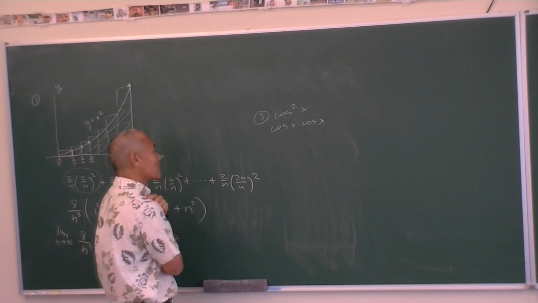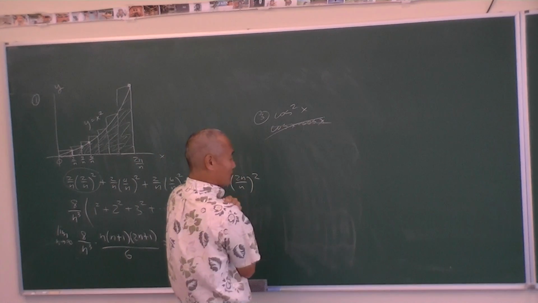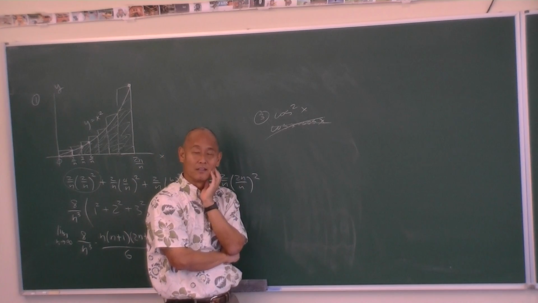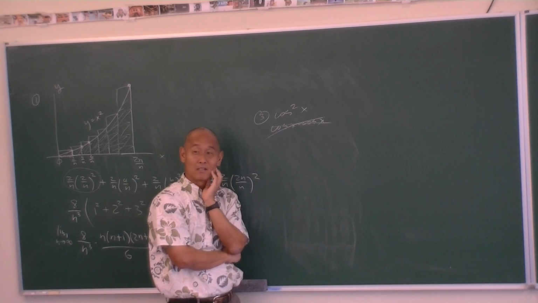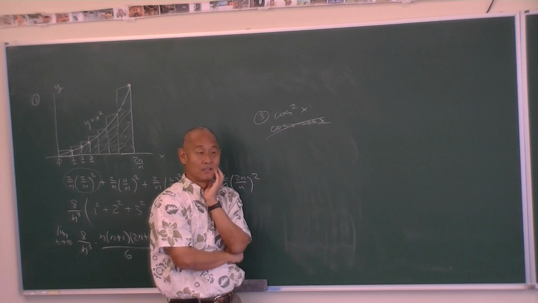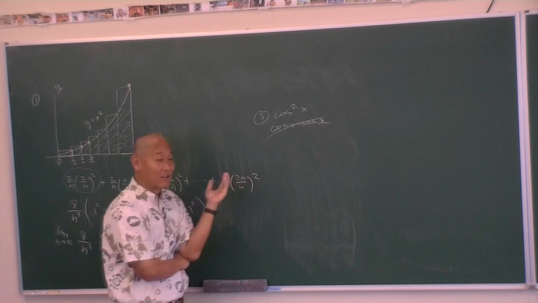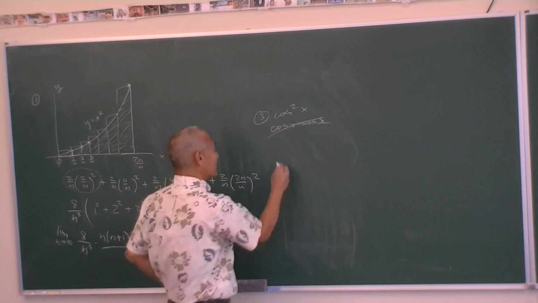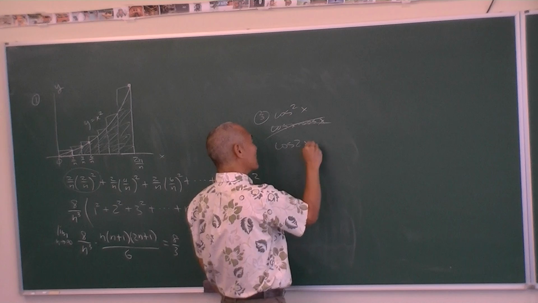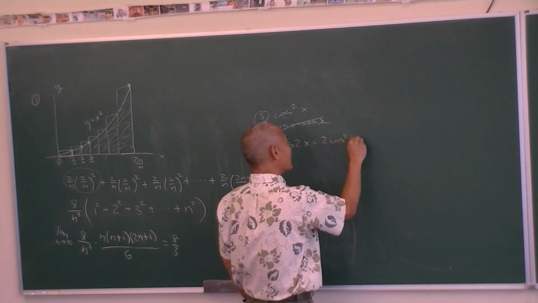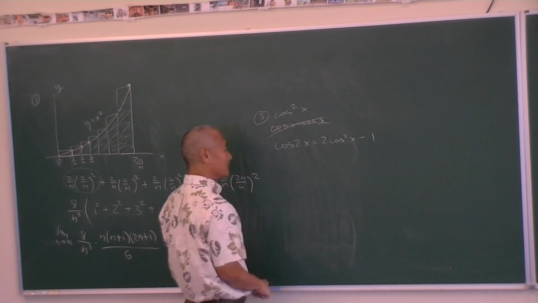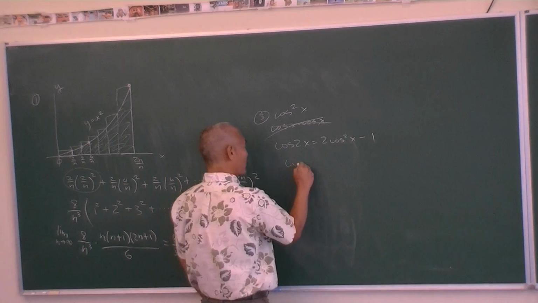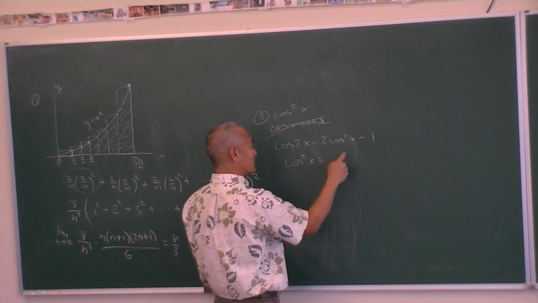However, cosine squared x. Okay, I don't want to do long multiplication. Where have I seen cosine squared x in an identity? 1 minus sine squared x? But that's more work! You want an identity where you do less work. How about this? Cosine 2x is equal to 2 cosine squared x minus 1. Remember this, a double angle identity? So by solving for cosine squared, what is cosine squared x then?